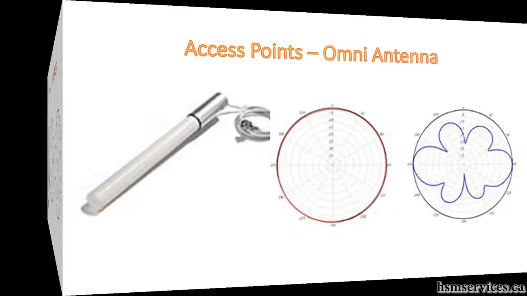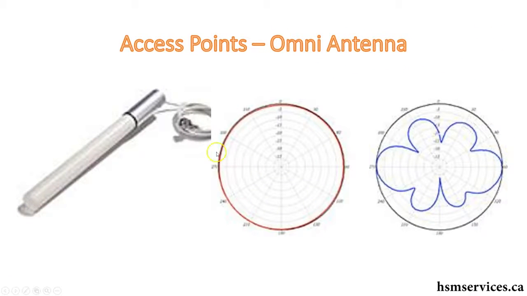And then we look at our Omni antenna, which again acts pretty much like the dipole antenna, with the exception that you do see a signal on the top and the bottom in various different positions.